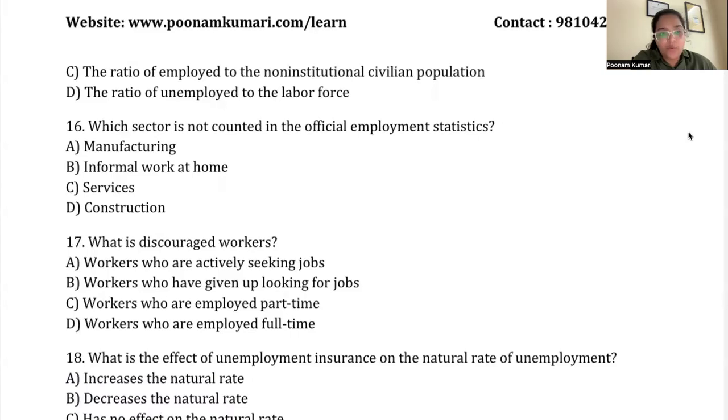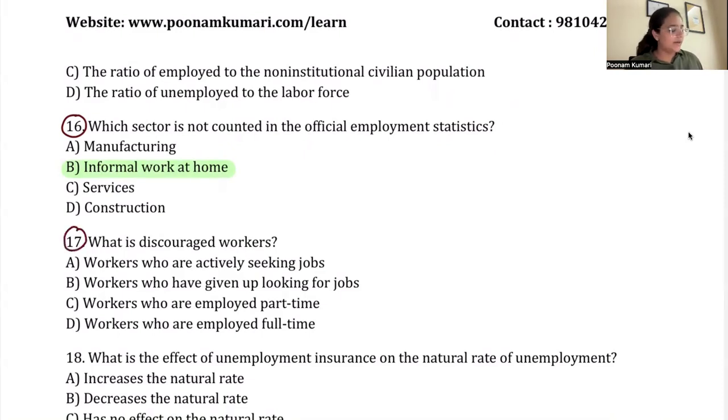B. Which sector is not counted in the official employment statistic? Manufacturing, services, construction, everything which is formal will be counted. So informal work at home, unless you are formally being hired for doing that job, will not be counted, right? Yes, ma'am.